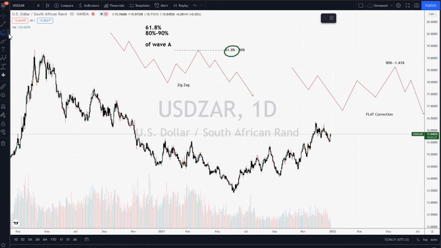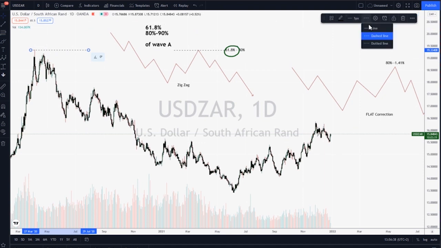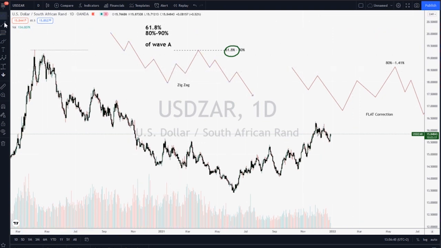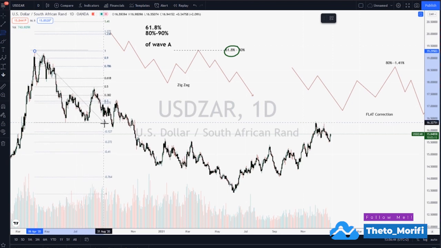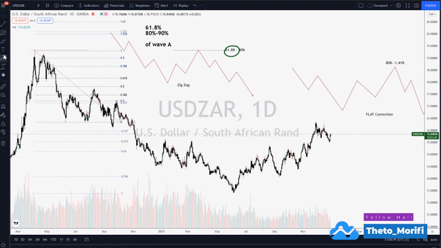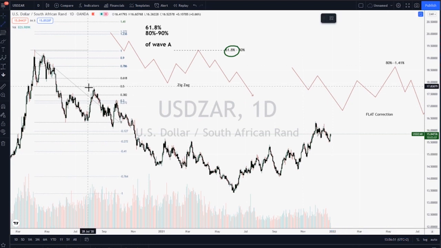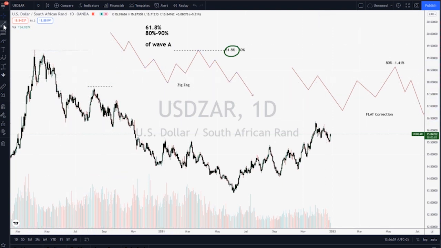Okay, start off with the supposed wave 1 and 2. So I start off at the top, the very last high in the move, and I pull it down to the very first low of the move, which is there. And we see that it grazes that 50% mark, right? So I'm just going to identify that.